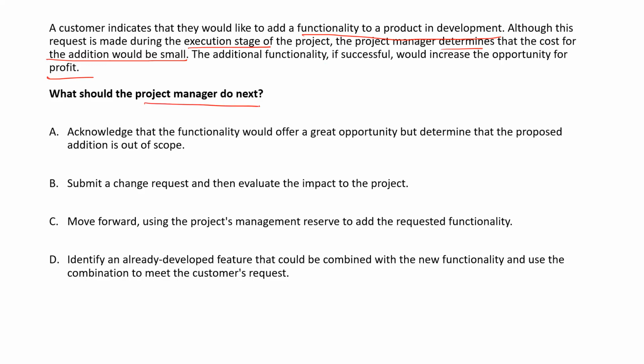What should the project manager do next? Acknowledge. Submit a change request, move forward using the project management reserve, or identify an already developed feature that could be combined with the new functionality. It has no connection with the question.